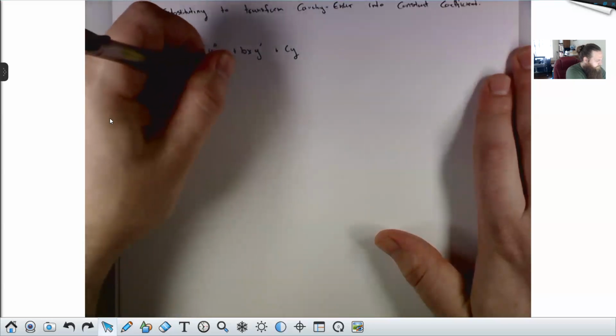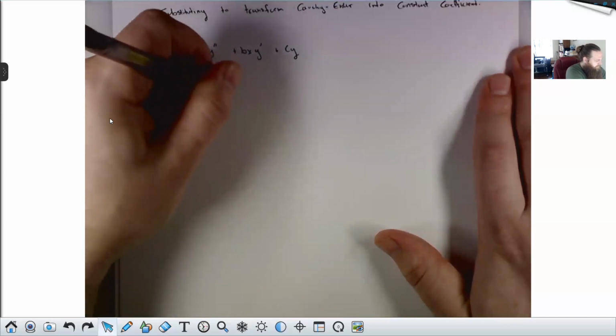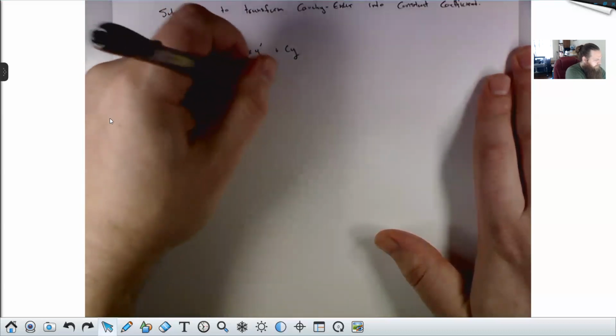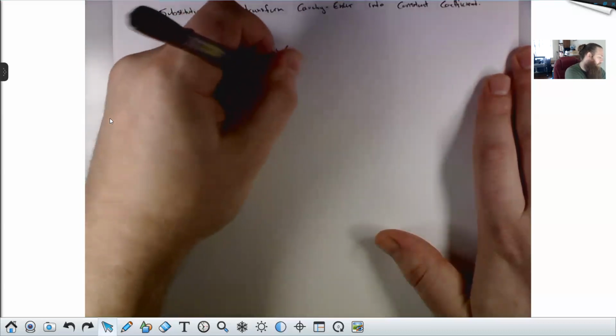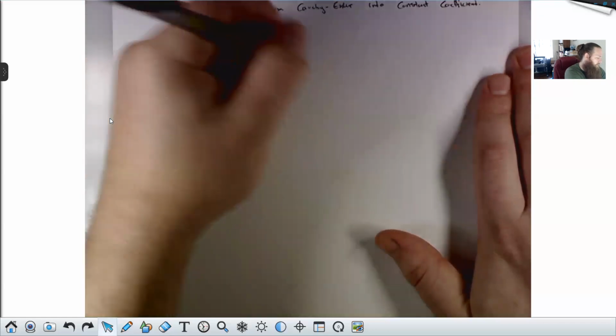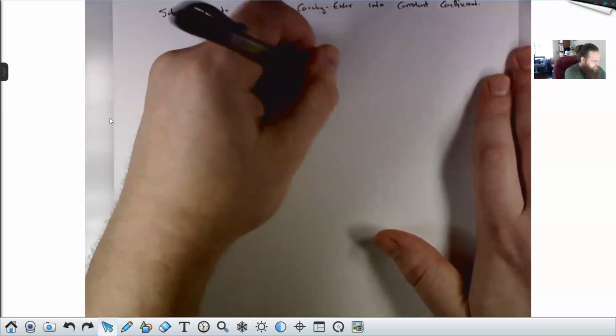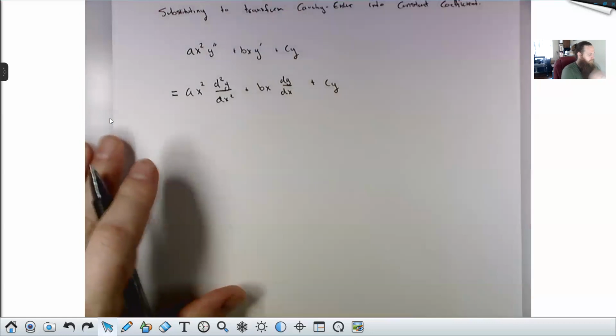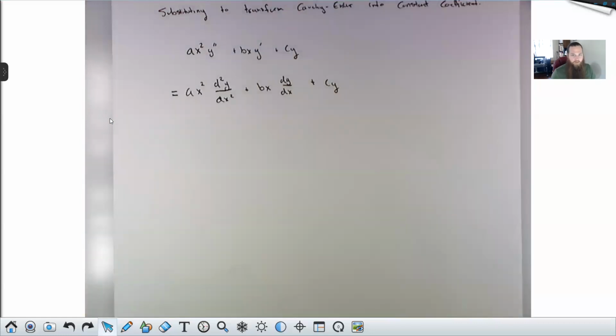This is d2y over dx squared plus bx times dy dx, the Leibniz notation, plus cy. Because we're subbing for the independent variable rather than the dependent variable, it's not clear what the prime would indicate in either situation. So the substitution I'm going to make is x equals e to the u.